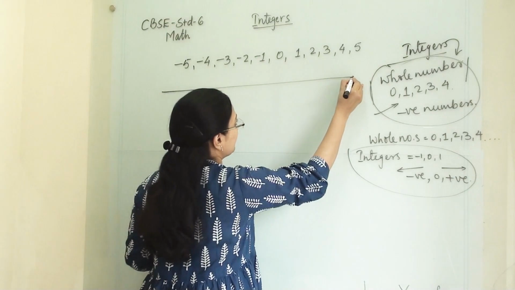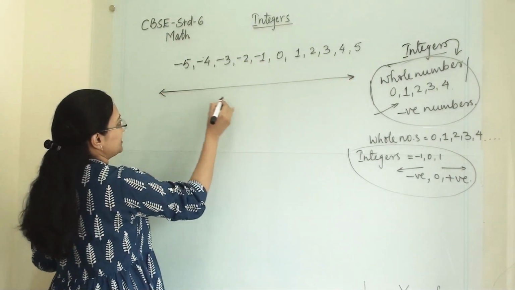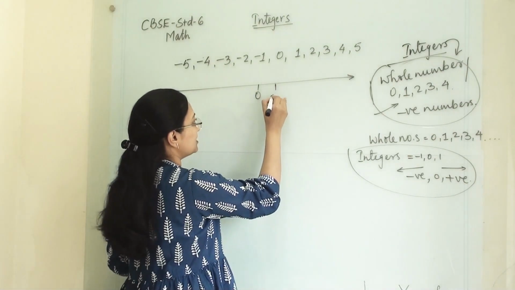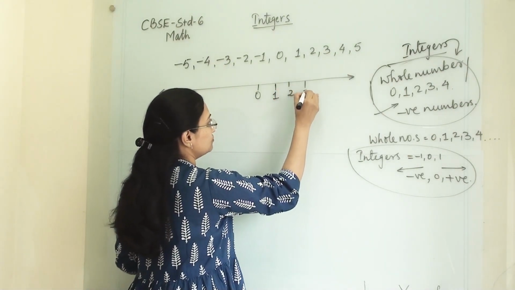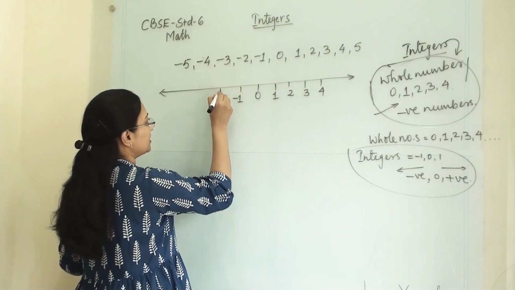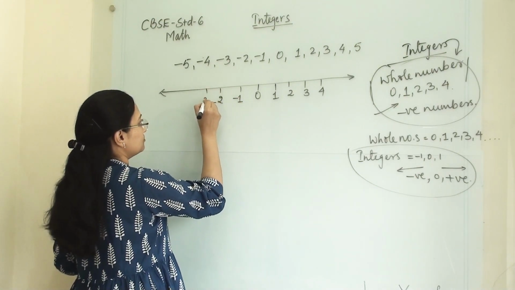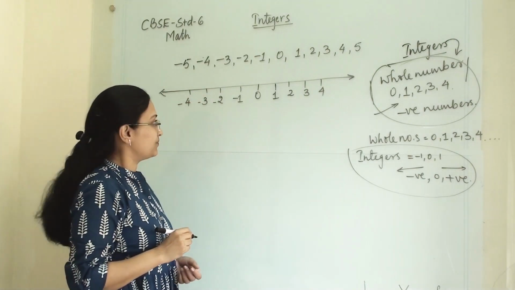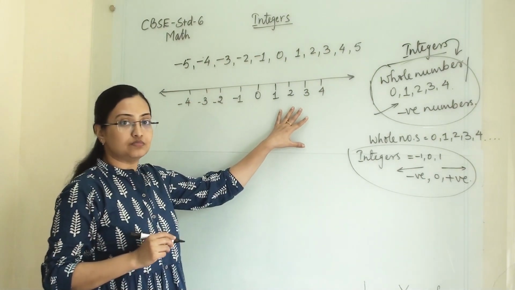If we make a number line like this, in the middle I am going to put 0, here 1, 2, 3, 4 and so on, and here -1, -2, -3, -4 and so on.